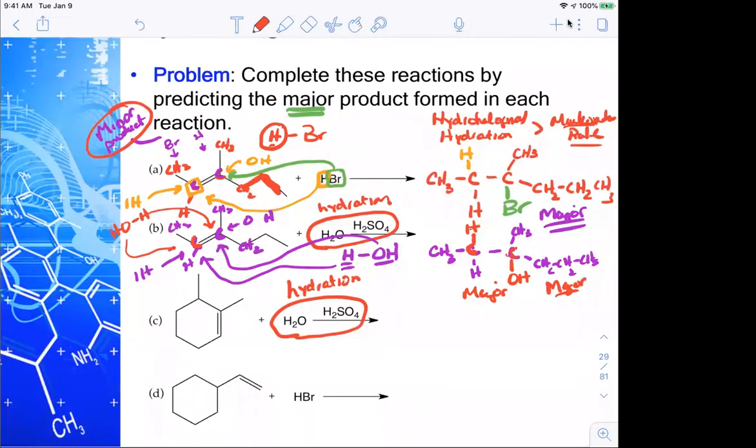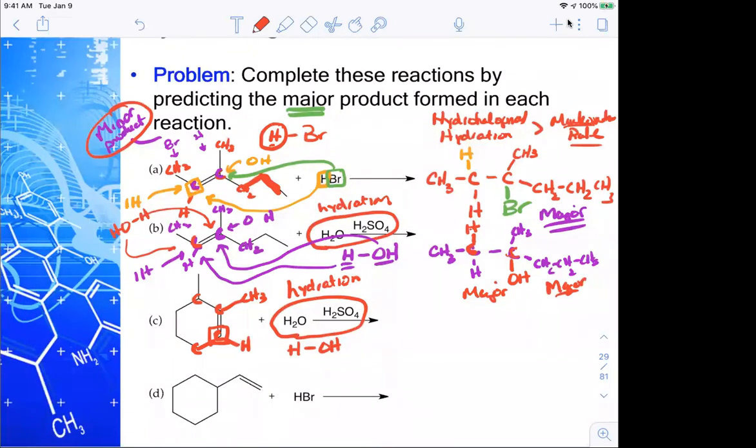Here I have another example. I've got the carbon in the double bond. I have CH3, another carbon. I have a carbon and I have a hydrogen. So the hydrogen should end up here, right? Again, I'm adding H and OH.